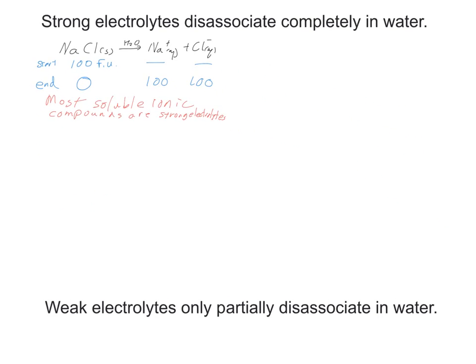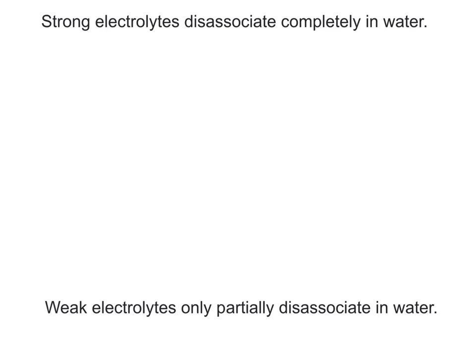Another category of strong electrolytes are strong acids. A strong acid. Well, first of all, I don't think we've ever met acids at all. So we should probably pause and define acids.